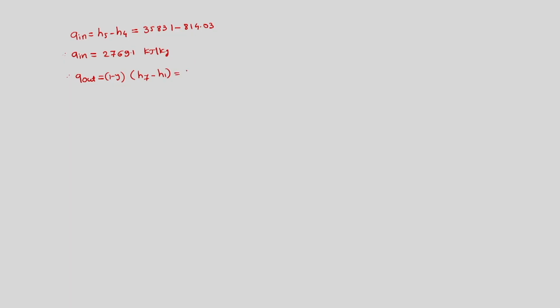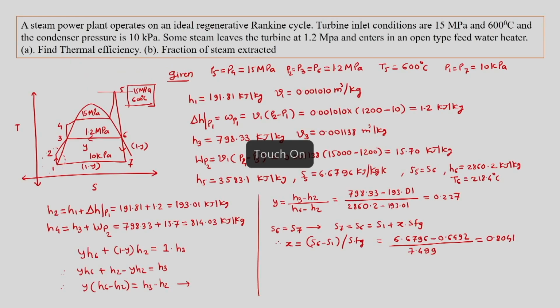So this will be 1 minus 0.227 into H7, which is 2115.3, minus 191.81. Here, knowing the dryness fraction, we would have calculated H7, which is equal to H1 plus X into HFG.